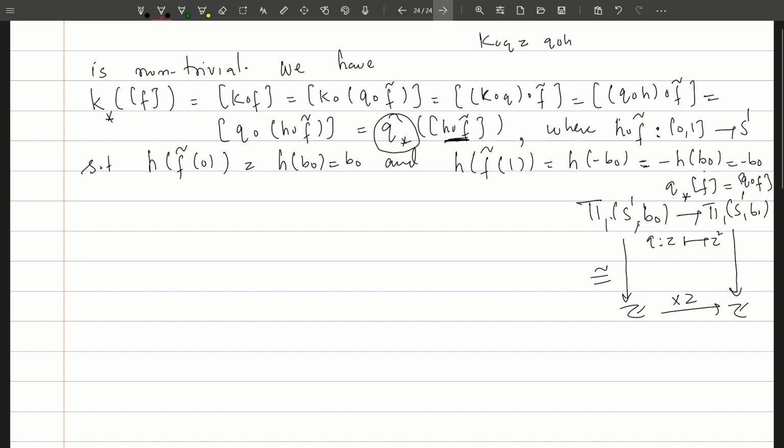So that is, since we proved that this edge of f tilde is a path starting at b naught and ending at minus b naught, that is edge composite f tilde is a path in S1 from b naught to minus b naught.